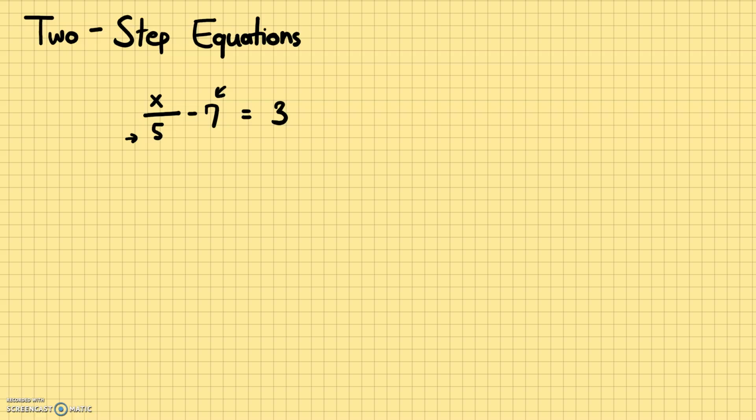But the way you solve this is actually the same as you would solve a regular equation. So just a reminder of our two rules of solving equations. The first thing is you need to do the opposite of what's being done to the variable. And I don't think I was very clear with this on the last video of what opposites are, but addition and subtraction are opposites, and multiplication and division are opposites.